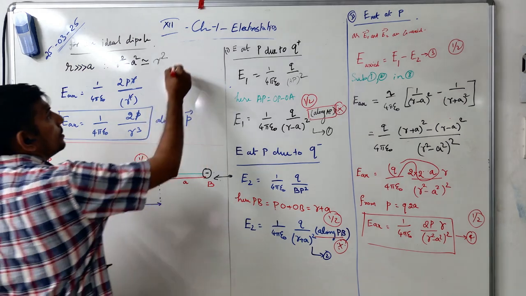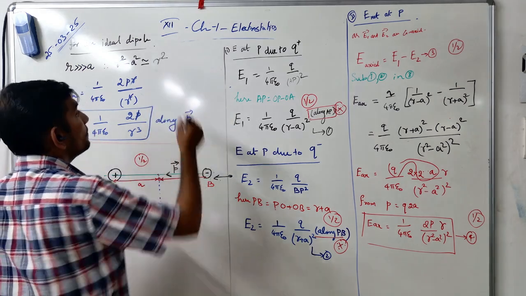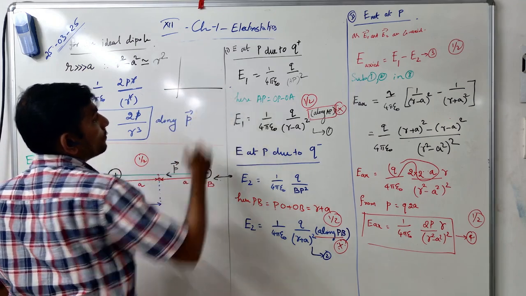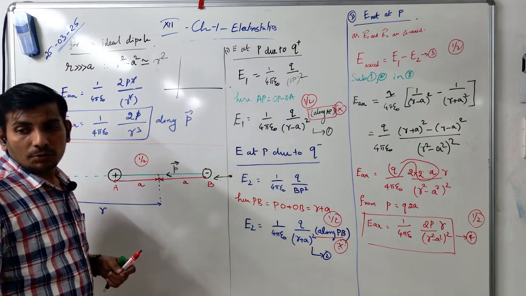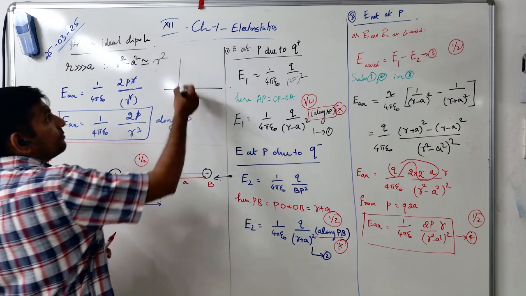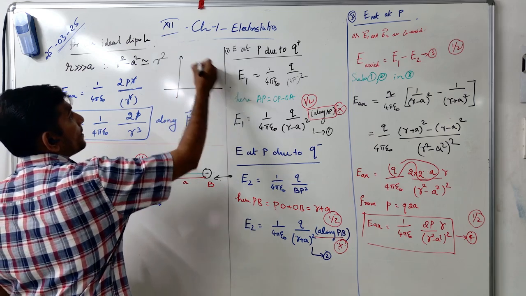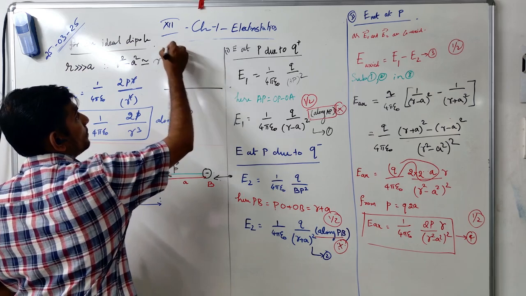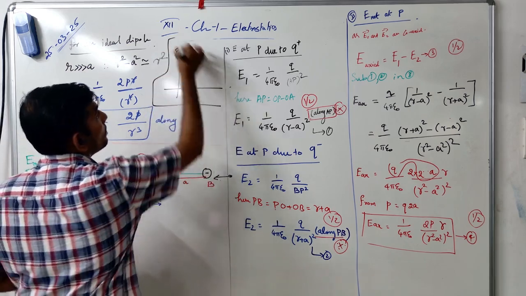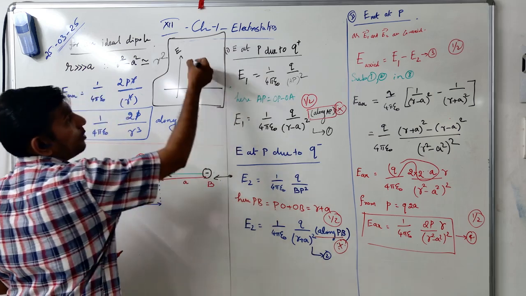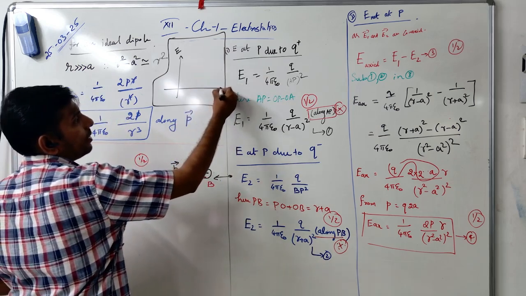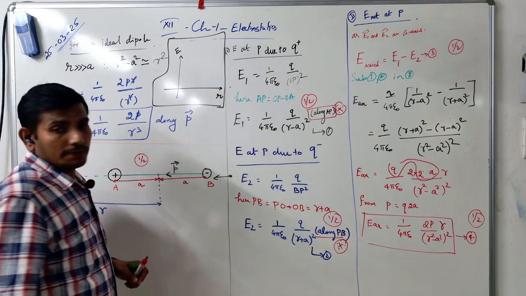Children, watch now. If I plot a graph here, along the y-axis I have electric field. Along the x-axis I have the distance r.